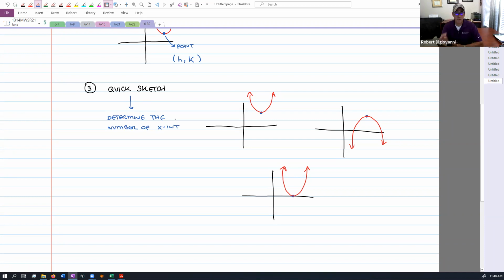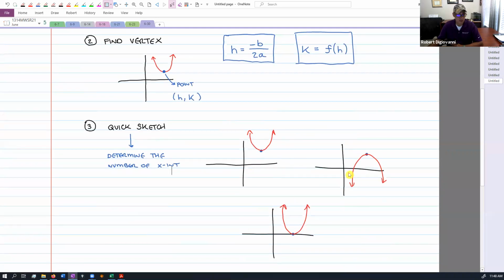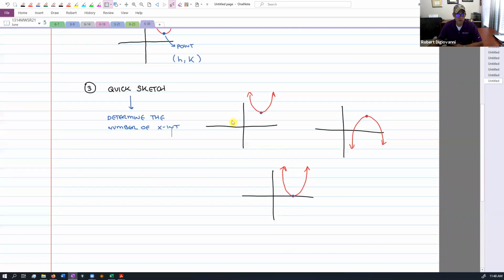Remember, we said you're either going to have 2, 1, or none, right? A quick sketch should be able to get you to isolate it and figure out how many it is. All you have to know is the vertex and if it opens up or down. If you know those 2 things, then you can tell me exactly how many you have. That all make sense?